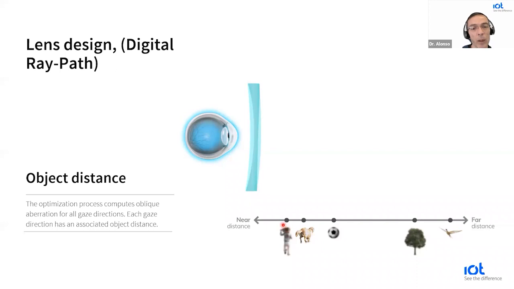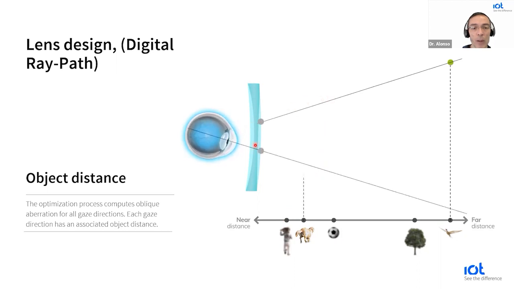In general, when we optimize a lens, what we're trying to do is to reduce these oblique aberrations, and we do that, or we intend to do that, for the whole field of view. That means for all the possible viewing directions available within the frame. So, for example, for this direction upwards, this direction downwards, and for each viewing direction, we have a predefined object distance.